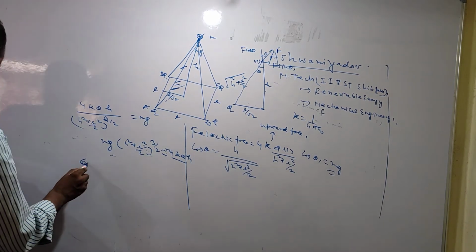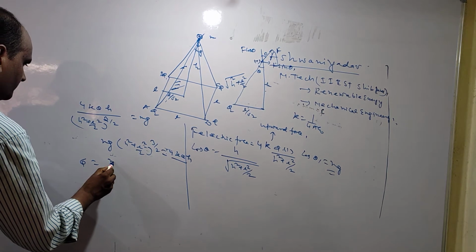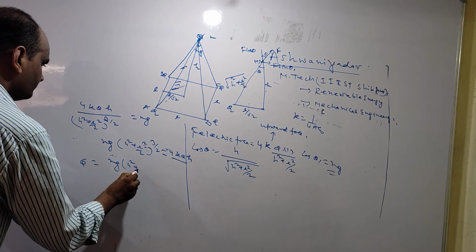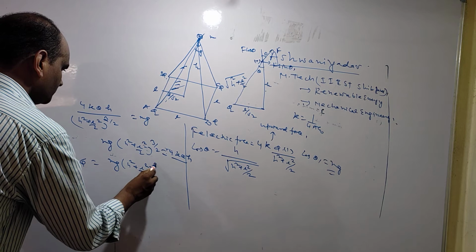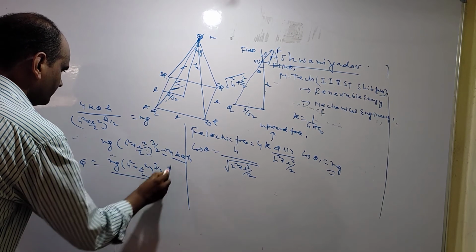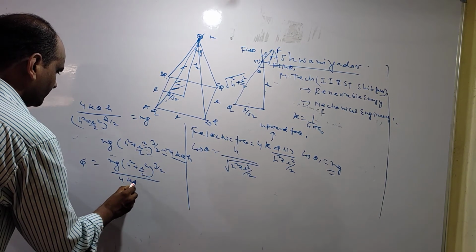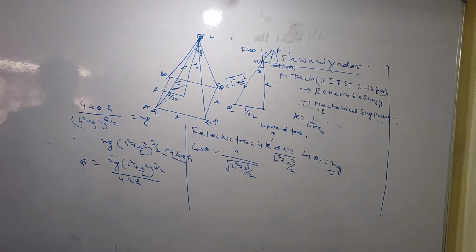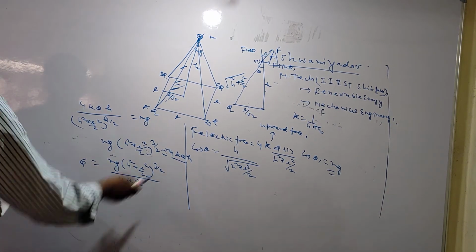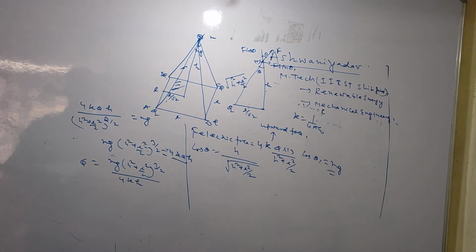So q is mg into h square plus L square by 2 to the power 3 by 2, by 4 k h. This is your charge.